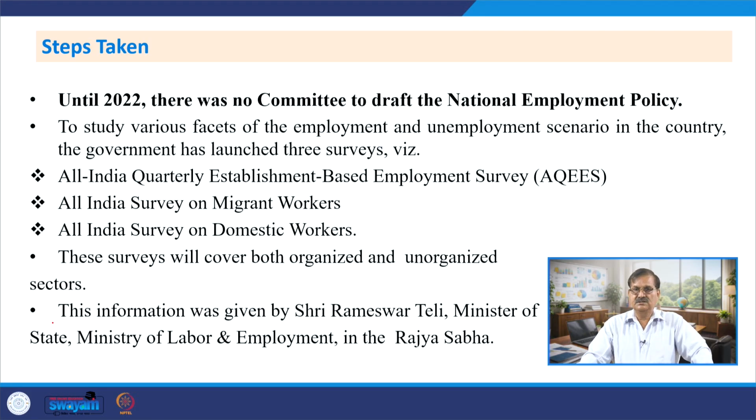In addition to these surveys of workers, the Government of India also periodically publishes the Labor Force Survey, which provides detailed data on various aspects of employment, unemployment rate, and workforce participation rate. These surveys will cover both organized and unorganized sectors. This information was actually given by the Ministry of Labor and Employment in the Rajya Sabha, so the information is based on that.